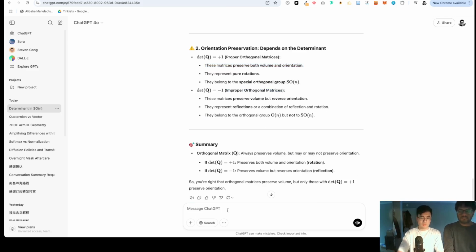So why do we need the matrix to be orthogonal in SO(3) if the determinant equals 1 already guarantees volume and orientation?